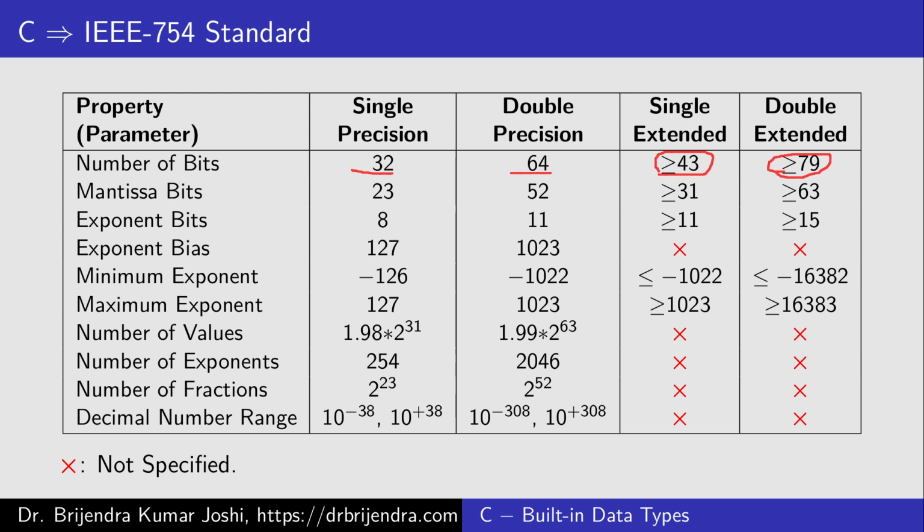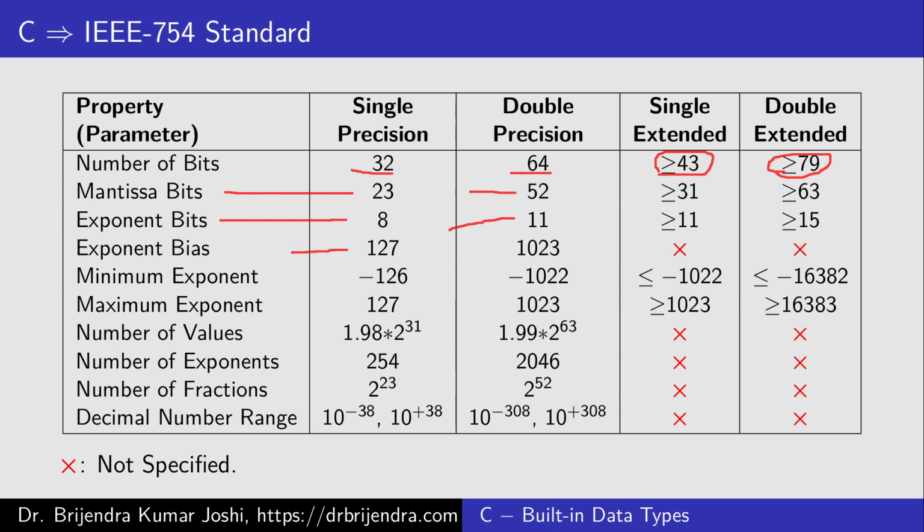In all these, mantissa bits are different. For example, for single precision, that is float, mantissa bits are 23. In case of double, mantissa bits are 52. Exponent bits are 8 and 11 respectively.